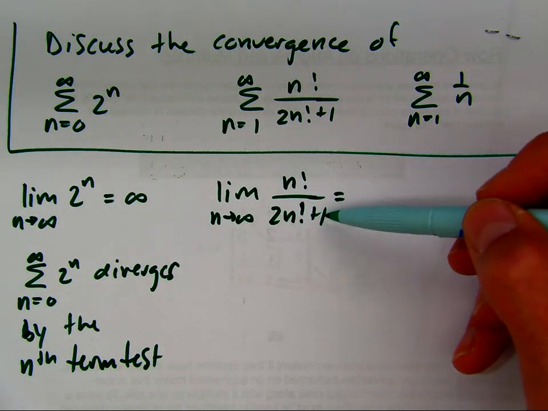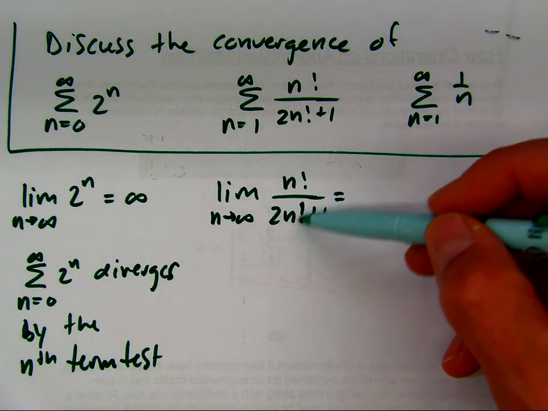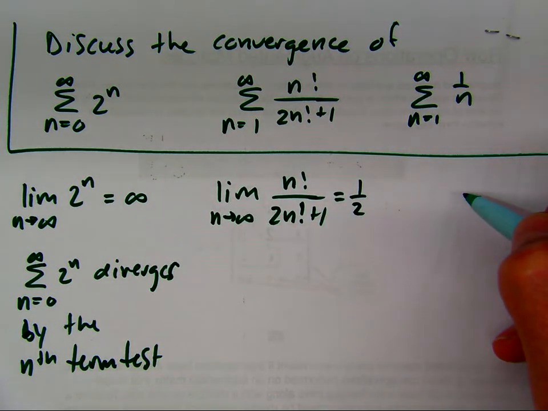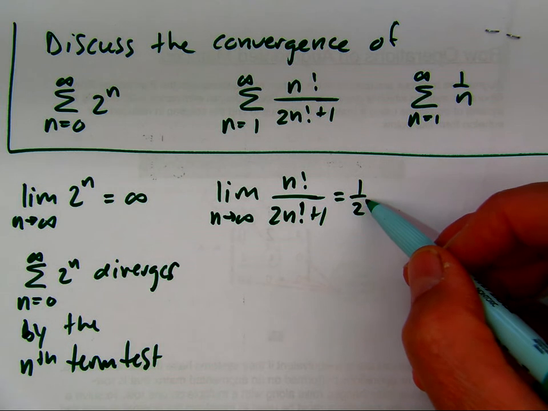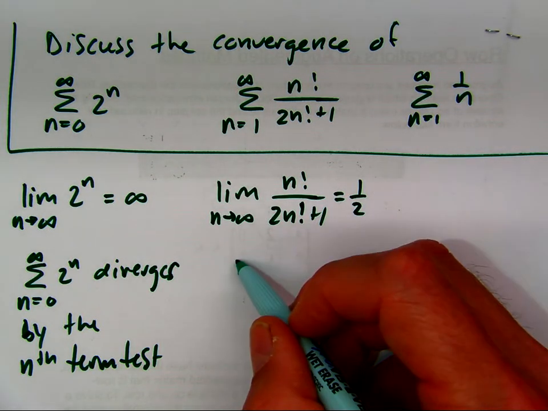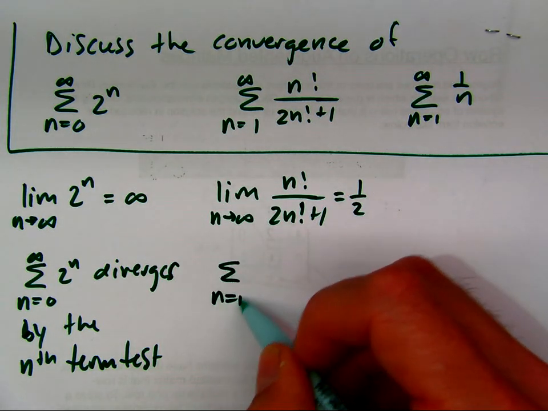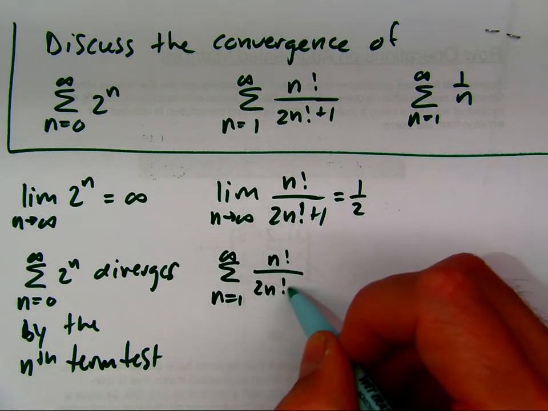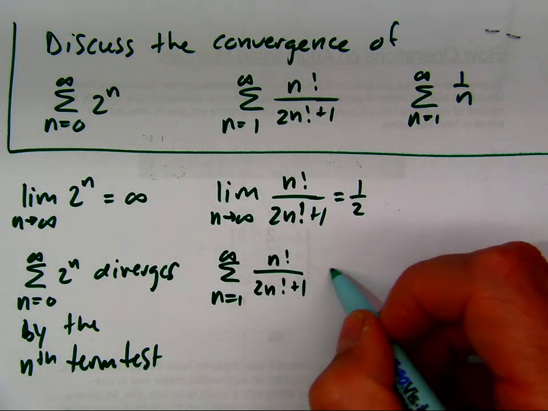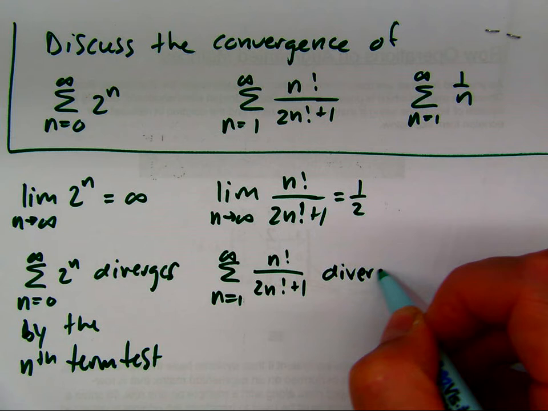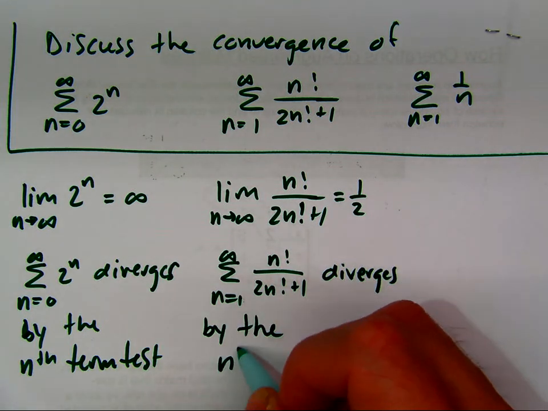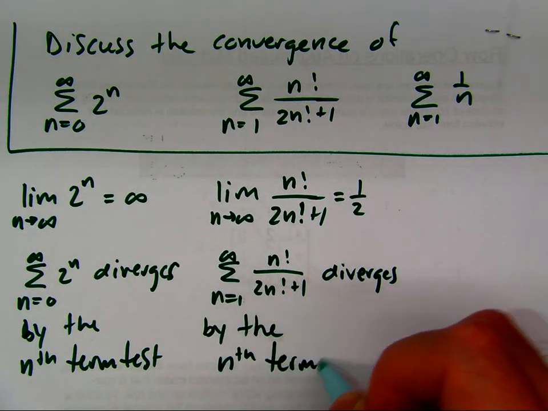Well, that 1 is going to make less and less of a difference when we start comparing these really big numbers. So it turns out this limit is a half, but it's still not 0. So then we would say that the series diverges by the nth term test.